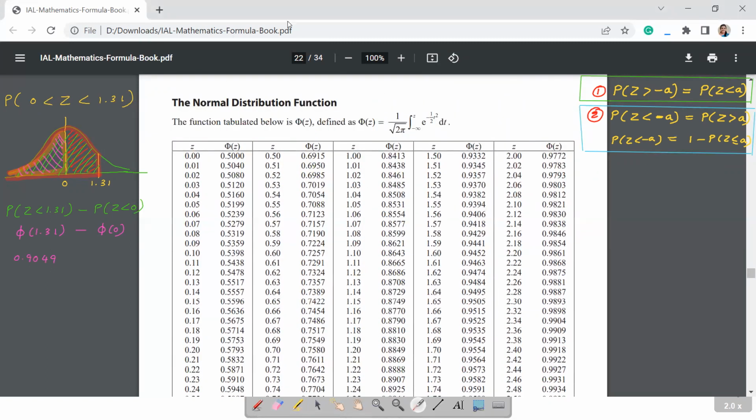Z 0 is the very first value. All right, here 0.5. Are you with me, guys? So 0.9049 minus 0.5 is 0.4049. Okay, so this is the answer.